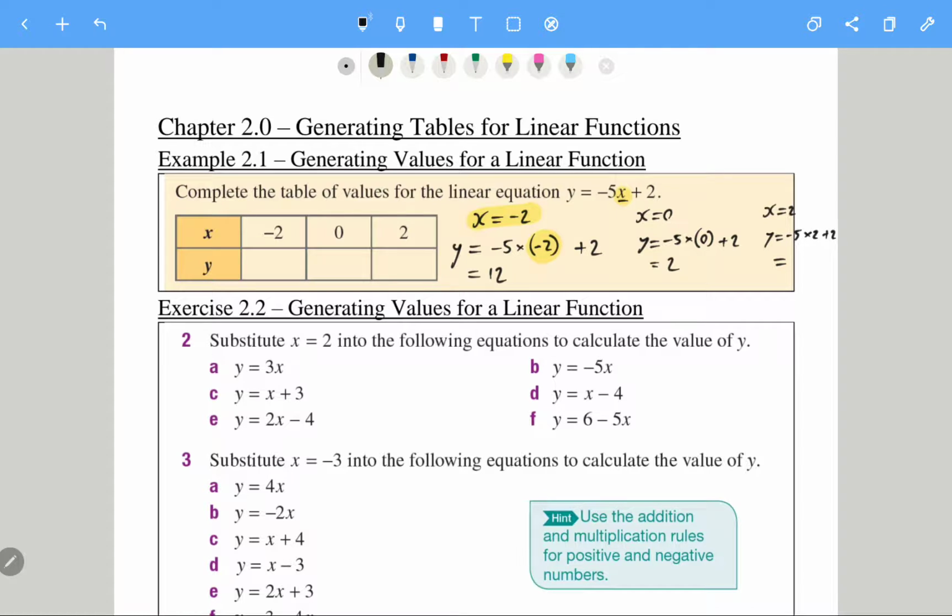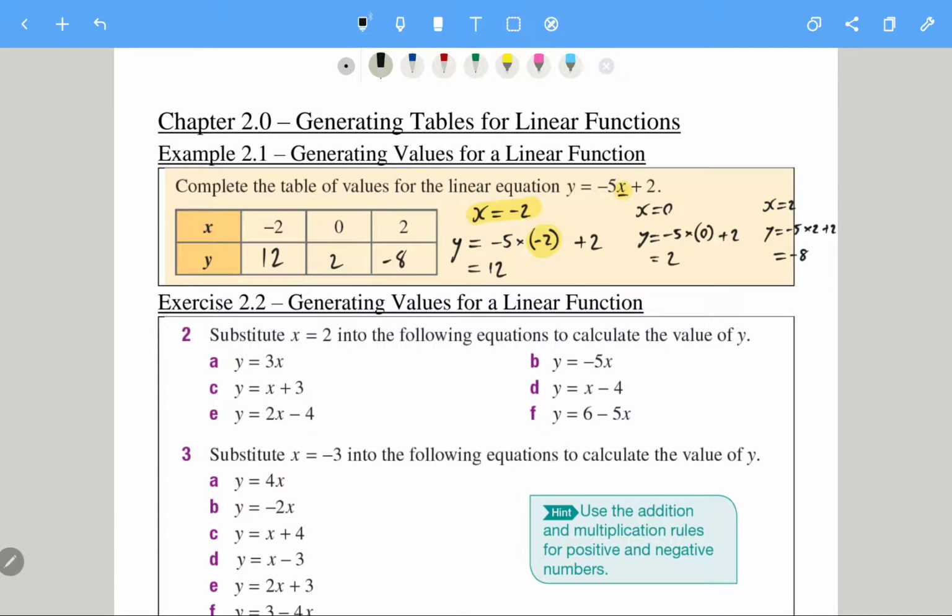A negative times a positive is going to be a negative, which is -10, plus 2 is -8. Remember, you can do all of this without a calculator, and that is absolutely fine. Nothing wrong with that at all. So these are the 3 points.